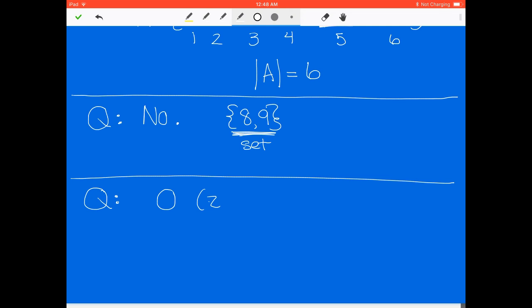So how do we show this in set notation? How do we note this? Well, we would say an empty set, so there's nothing in it, or we could show a 0 with a slash through it. These both signify that there's an empty set.